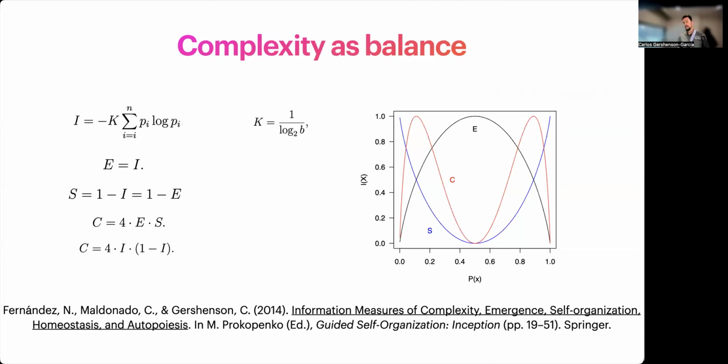So if we are getting new information, then we can call this emergence. Self-organization can be understood as a reduction in entropy. So 1 minus Shannon information will give you self-organization. And complexity would be their multiplication.